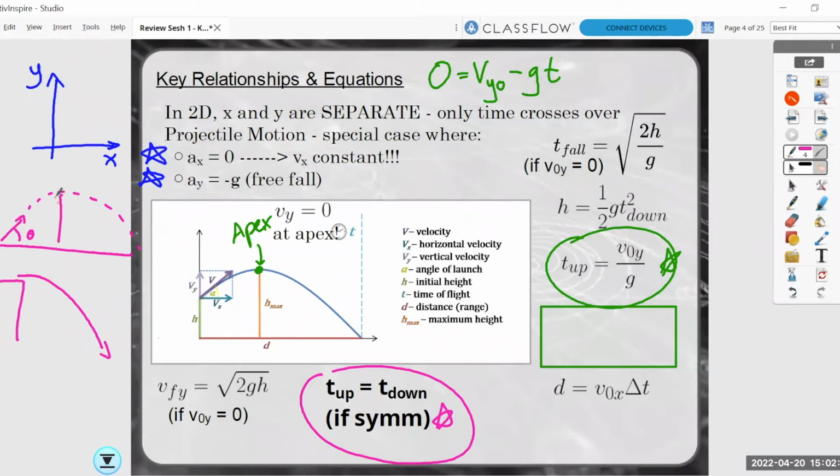There's a bunch of other equations here that are really important, and we will go over them more deeply in class. Quite often if I'm just falling, I'm using 1/2 at squared, if my initial velocity is 0.